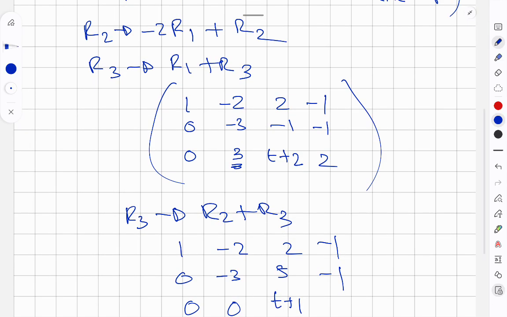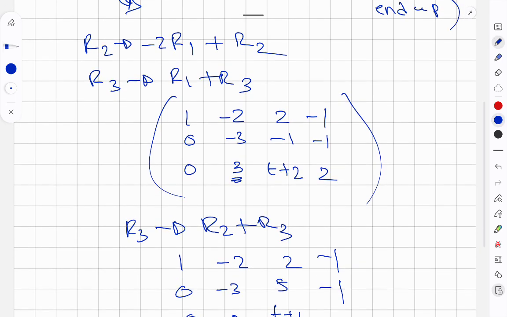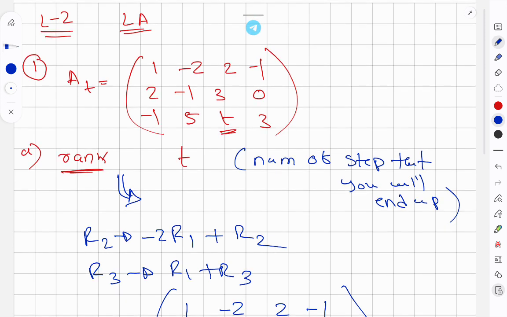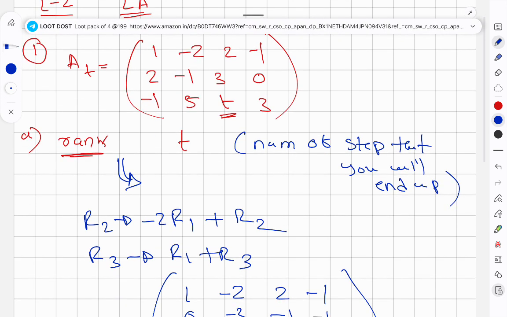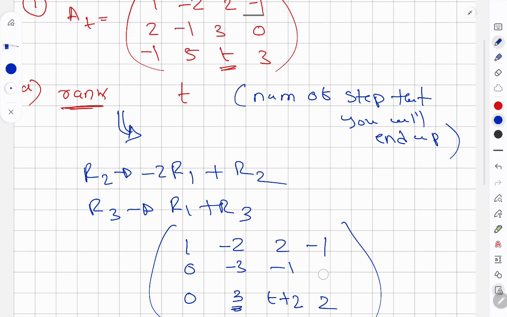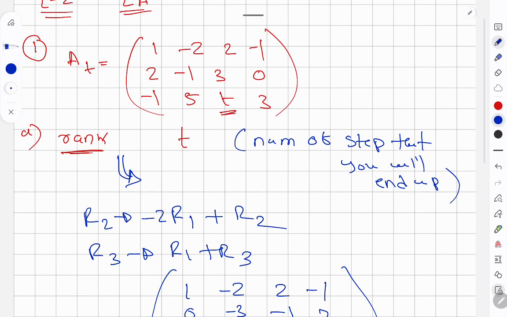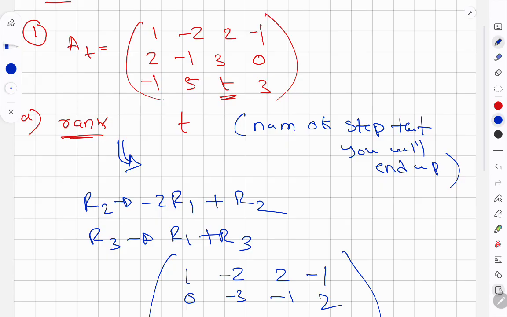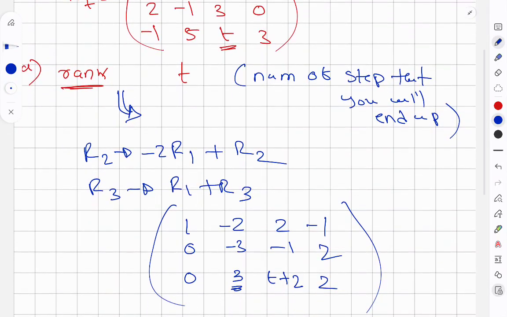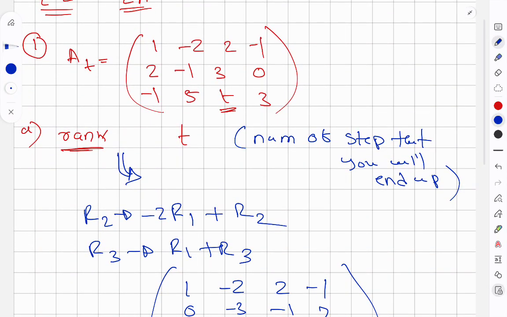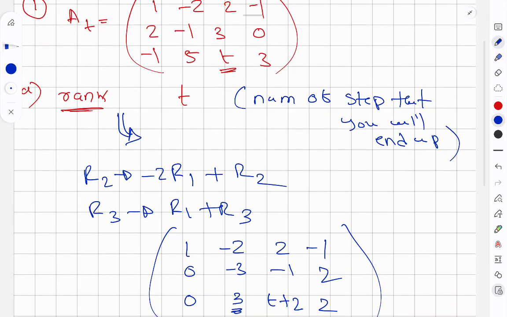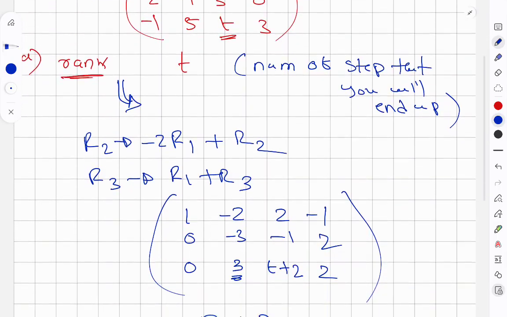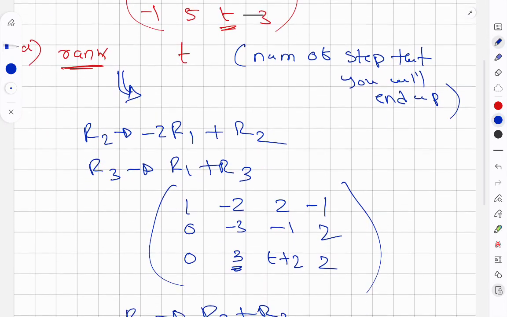Okay, until here I am correct. Yes. -2. Yeah, I'm wrong. So also here, if I multiply -2, this one starts 0, this is 3, this is t plus 2. Yes, 2.